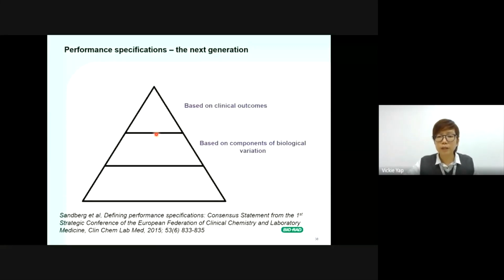If there's no BV, then you come to state of the art. State of the art includes all others, organizations like CLIA, RCPA, everything. So this is how we decide which performance specification we want to use based on this hierarchy. It's not based on which result is easier to achieve. It's based on what we want.